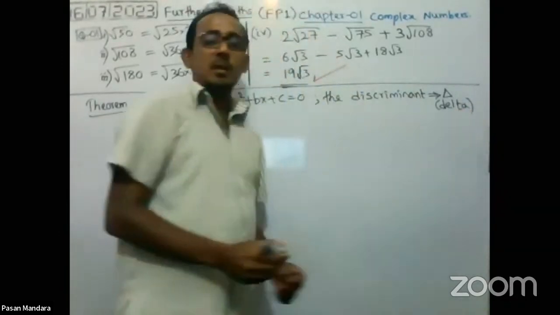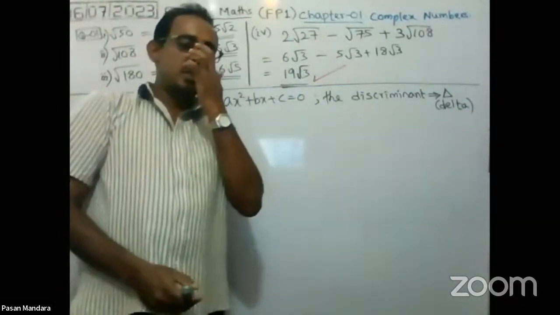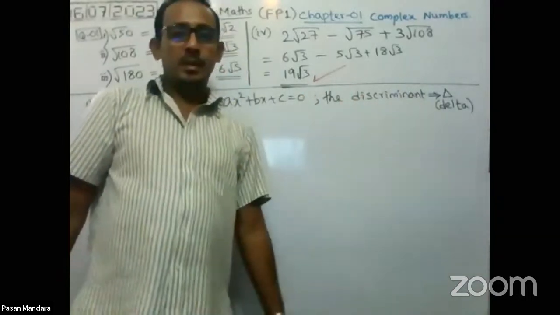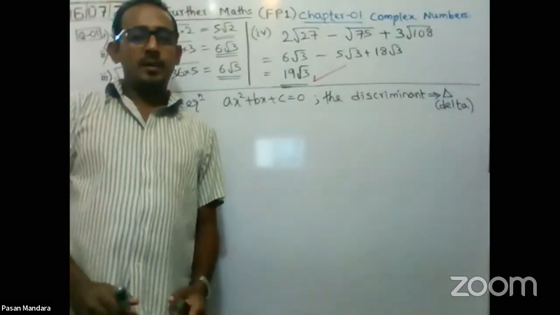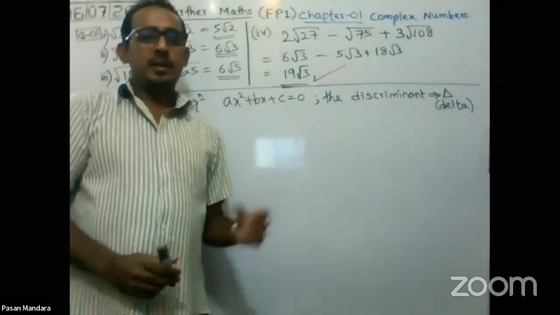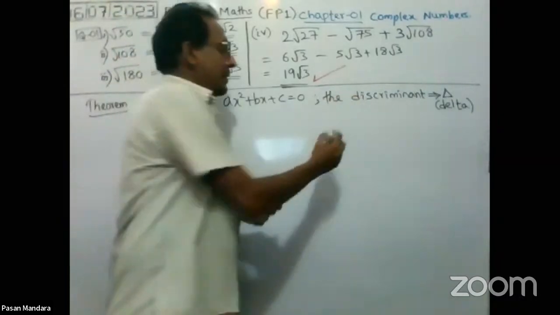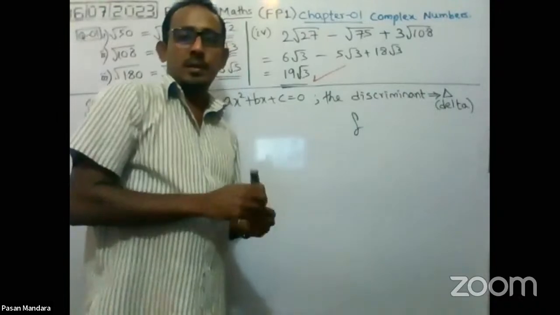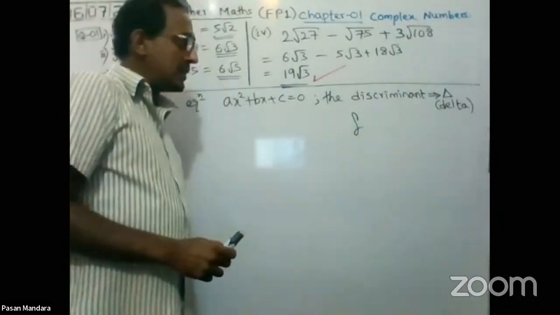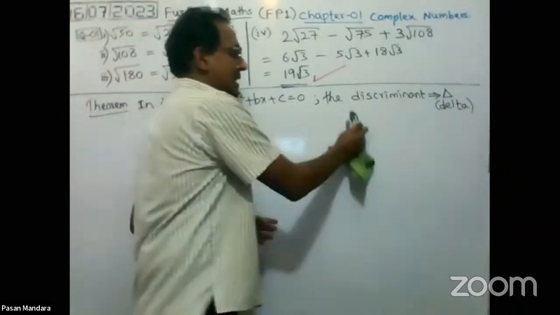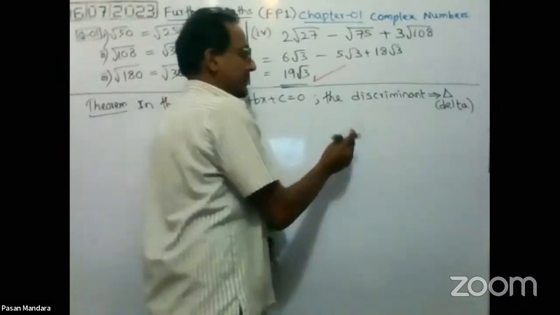For discriminant, the math symbol is delta. This is called the capital delta sign. We know the simple delta sign is also there. So delta is standardly used, and the answer is b squared minus 4ac.